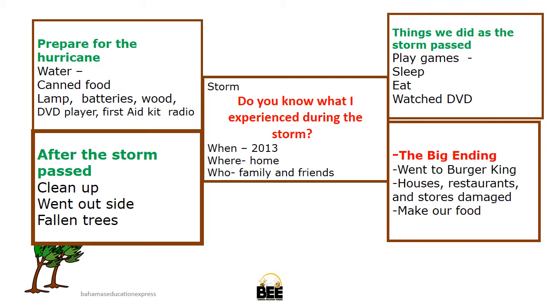And after the storm passed, clean up, went outside, fallen trees. And then our last paragraph, we're going to give a big ending. Went for food, house, restaurant, stores make our food.